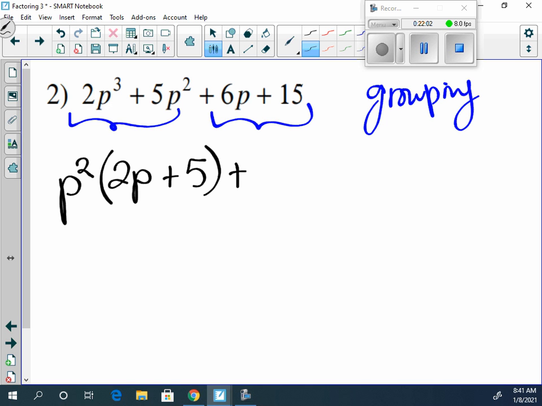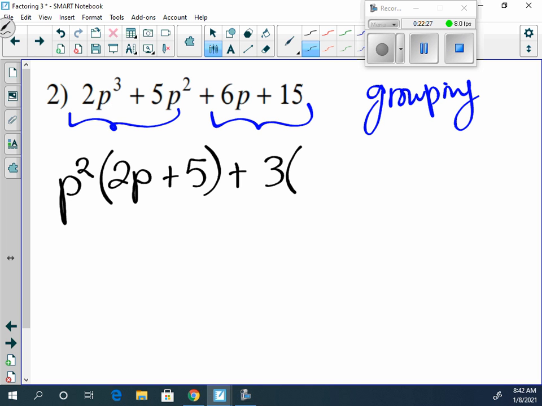That's going to work out. We're going to have plus. When I look at these two here, 6p and 15, is there a greatest common factor between 6p and 15? 3. So we can factor that out.